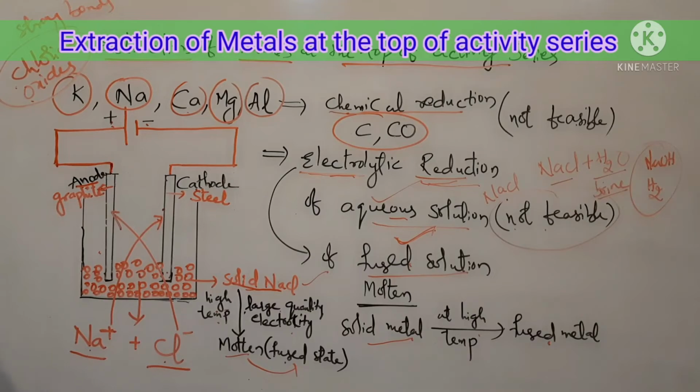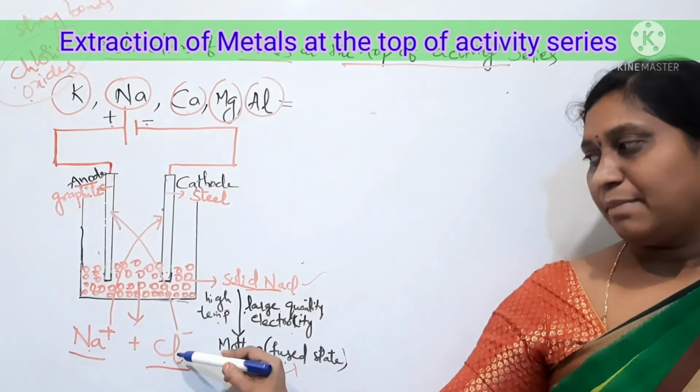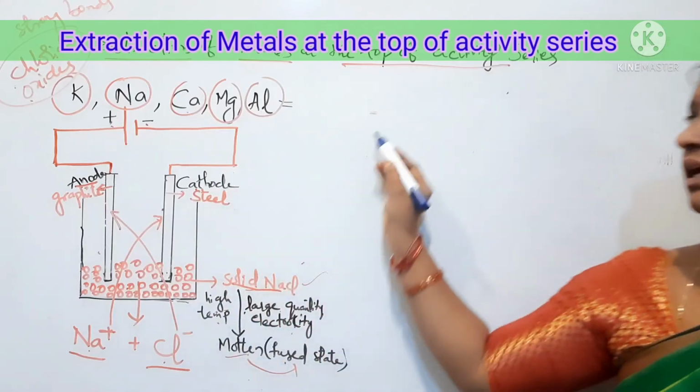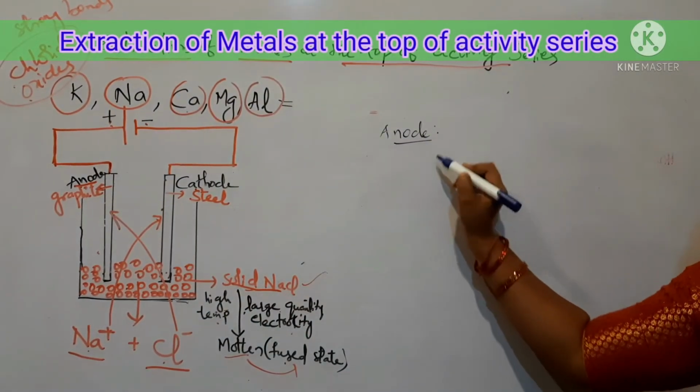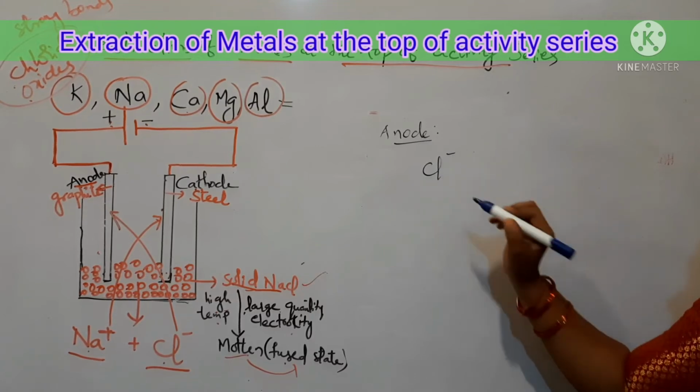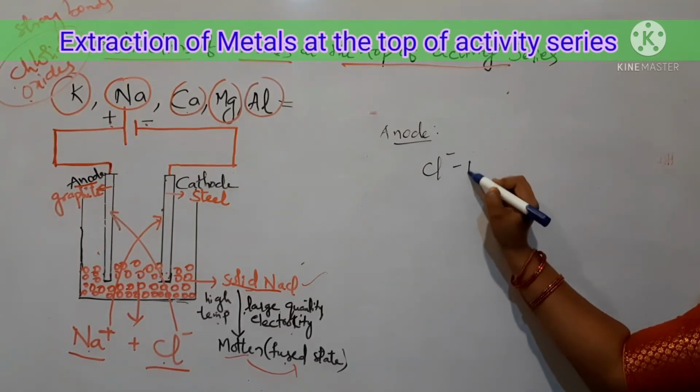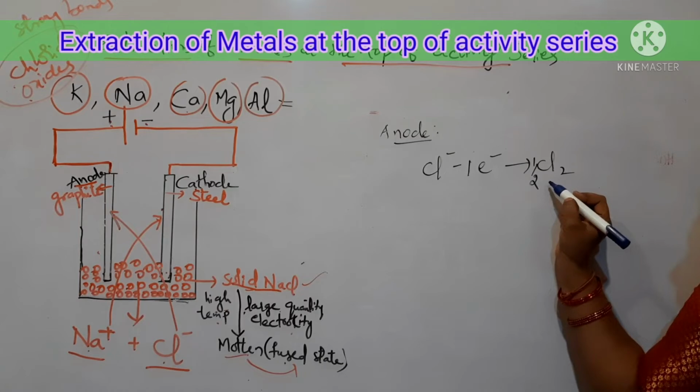Here 2 types of reactions take place. One is oxidation at the anode and the other is reduction at the cathode. How we will see now. Cl- goes towards the anode. So at the anode, Cl- loses 1 electron to form half Cl2.